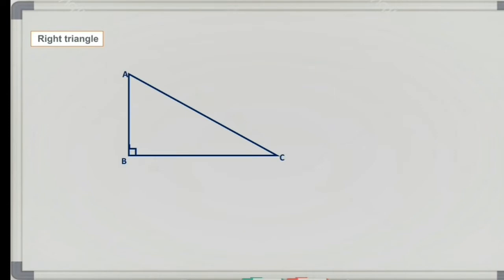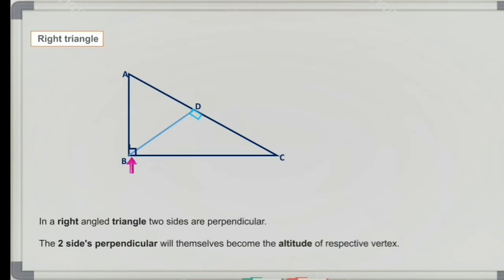First, let us draw an altitude BD from vertex B. We know that in a right angle triangle, two sides are perpendicular. The two perpendicular sides will themselves become the altitudes of the respective vertices.